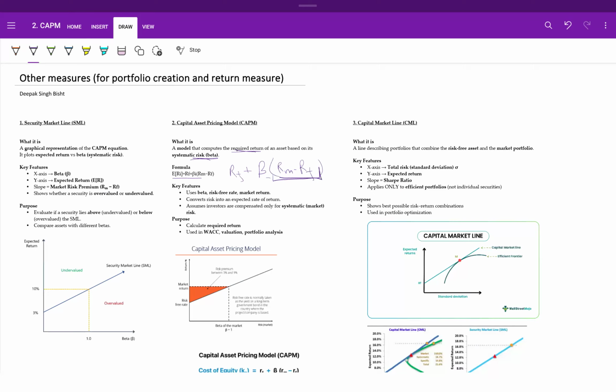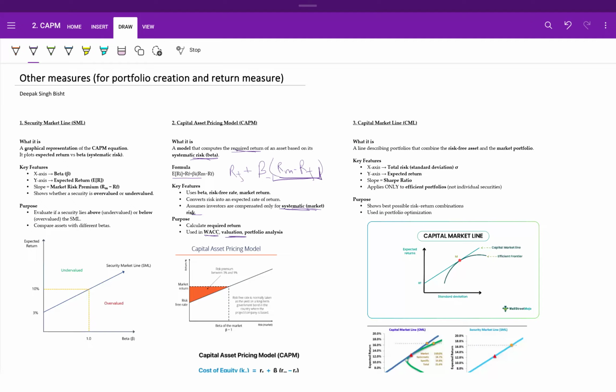The key feature is that it uses beta, the risk-free rate and the market return, converts risk into expected rate of return, and assumes investors are compensated only for systematic risk, which is market risk. The purpose is to calculate the required return, and it's used in weighted average cost of capital, valuation, and portfolio analysis.